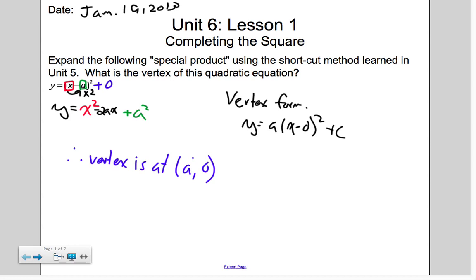So if we could get our quadratic looking like this to this, then we could easily figure out the vertex. Okay, does that make sense? Any questions on that? How do I get the vertex from here? That's what we'll talk about. I'm saying if we can go from here to here, then we can easily identify the vertex, right?